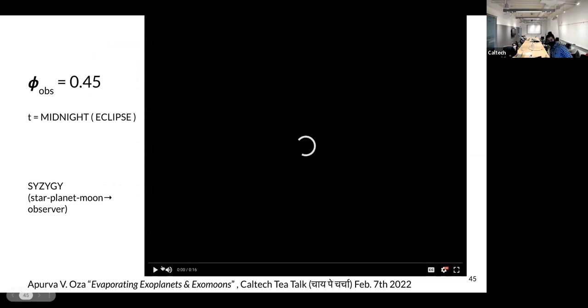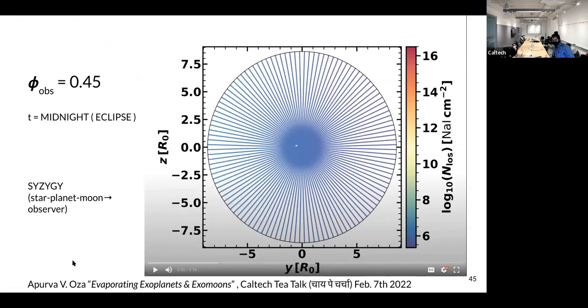Oh, it works. Okay, so this is placing the moon right in front of the planet as it transits. Hopefully here you can get a visualization of the sodium cloud around only the moon, not from the planet, and then see what it looks like in real time once the movie loads.